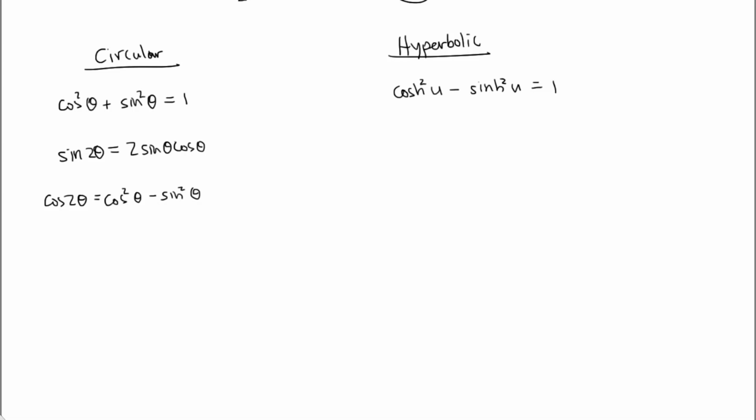So for the hyperbolic identity, I want to start by seeing if I can get a double angle identity for sine 2 theta, or sinh of 2u. I'm going to start with 2 sinh u times cosh u, and I'm going to use the exponential definitions and see what happens.